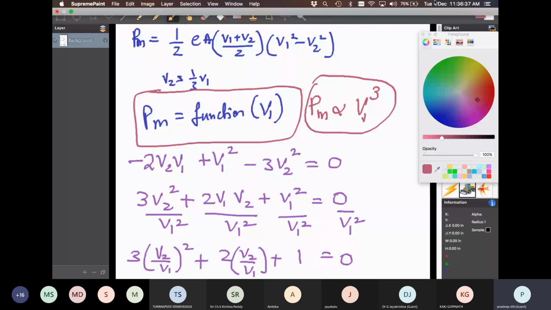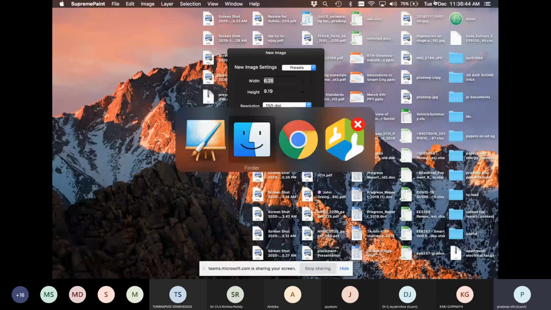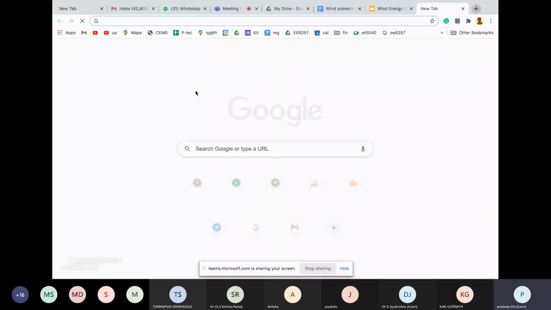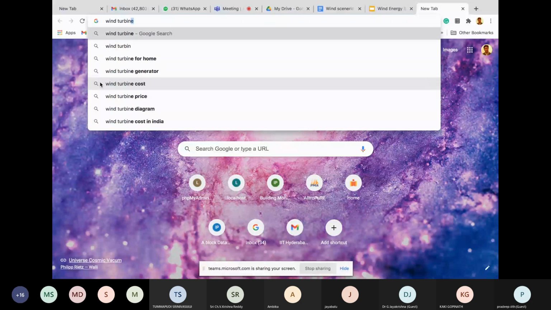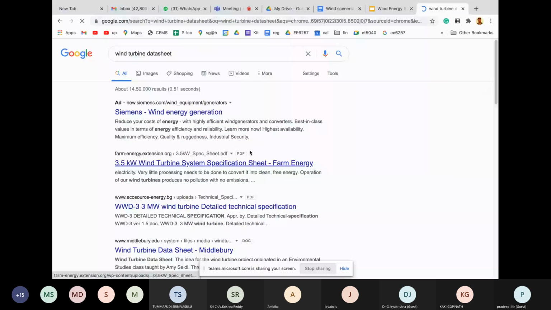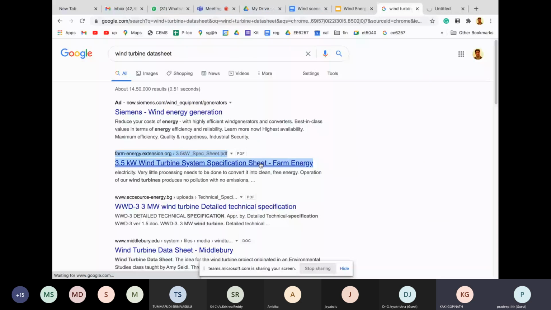So if there are no further doubts, let's go back and spend some time analyzing some of the wind turbine data sheets. Okay, so I believe I'm still sharing my screen. What I've done is I've gone to Google and randomly searched for a wind turbine data sheet.